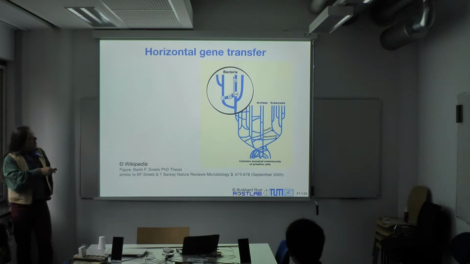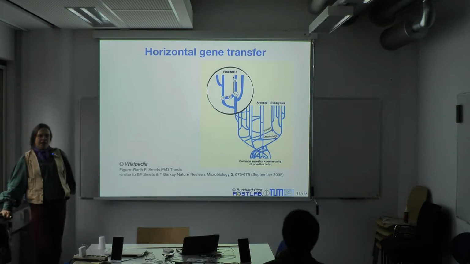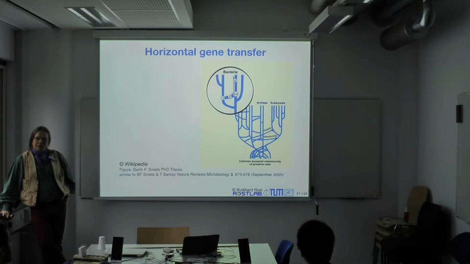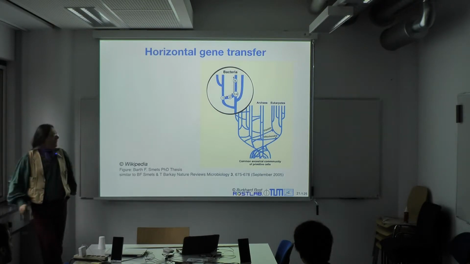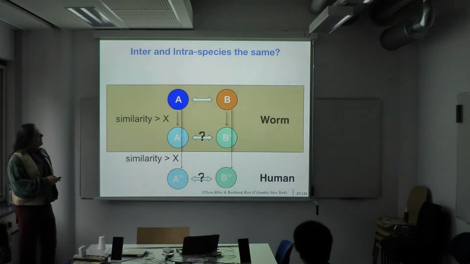On the level of genes, we have cross transfer of genes across the trees. Mitochondria is an example of that. I told you that the mitochondria in eukaryotes are in fact a relic of a bacterial world, and that is such a cross gene transfer. So we have transfer of genes, and we have duplication of genes.